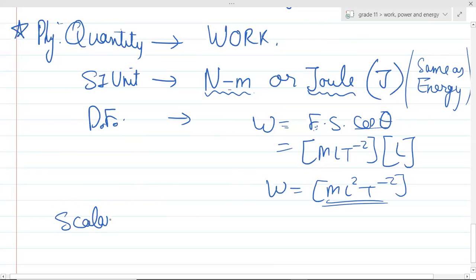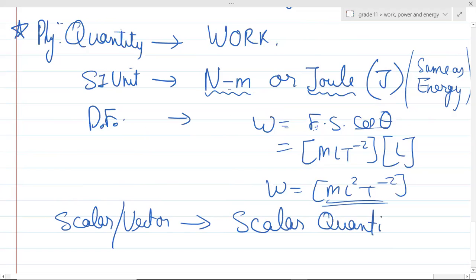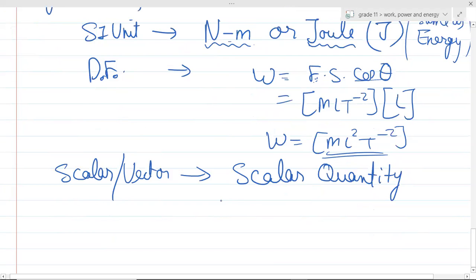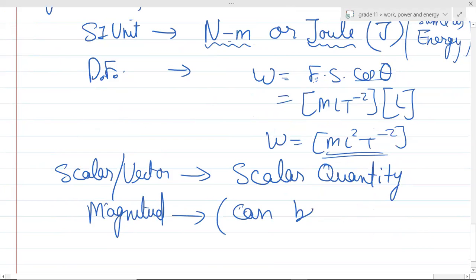I want to ask you, what is this, either scalar or vector? It is a scalar quantity. The magnitude of this scalar quantity can be positive, negative, or zero.